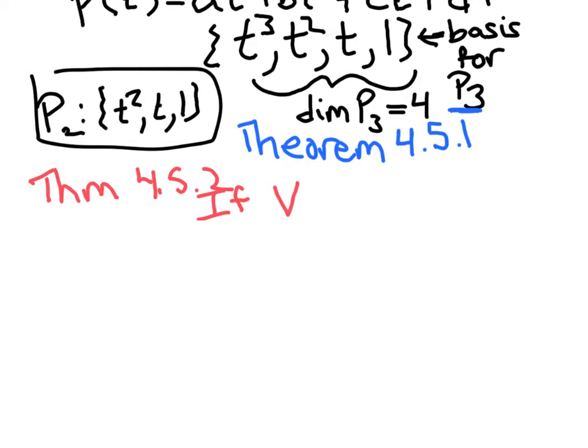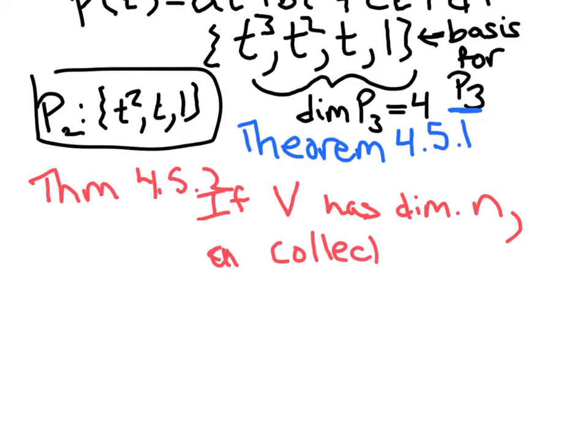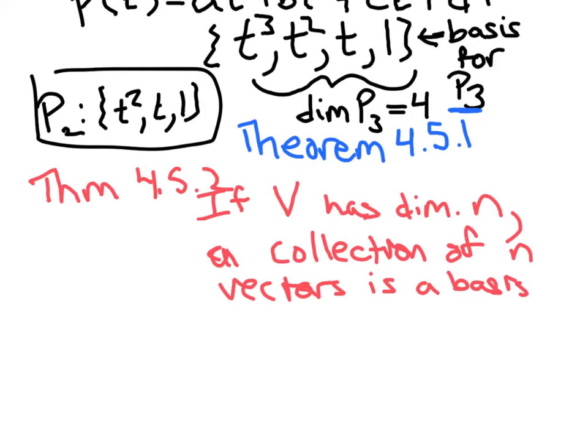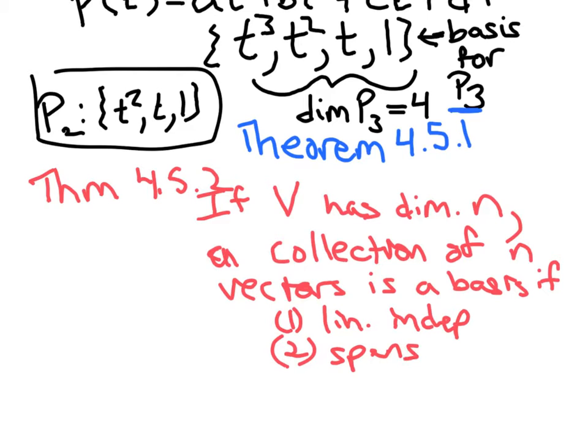So if a vector space V, let's say, has dimension n, then a collection of n vectors, I should have copied it onto the screen here, but a collection of n vectors is a basis if you just prove one of the following: if that collection is linearly independent, or if it spans the vector space V. But what you're missing is this collection of n vectors.